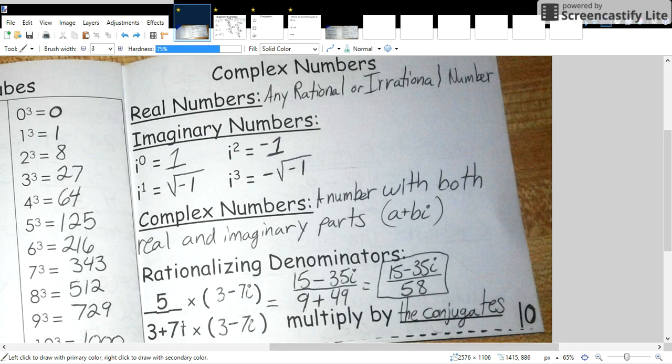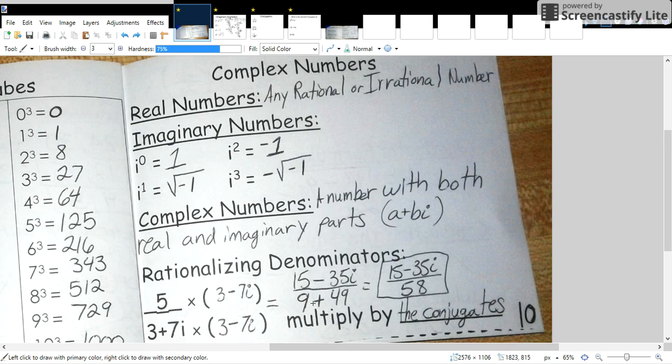So for this example, the desired conjugate of 3 plus 7i is 3 minus 7i. So you'll multiply the top and bottom by 3 minus 7i, and then if you recall your sum of squares, we multiply these together and get a squared plus b squared.